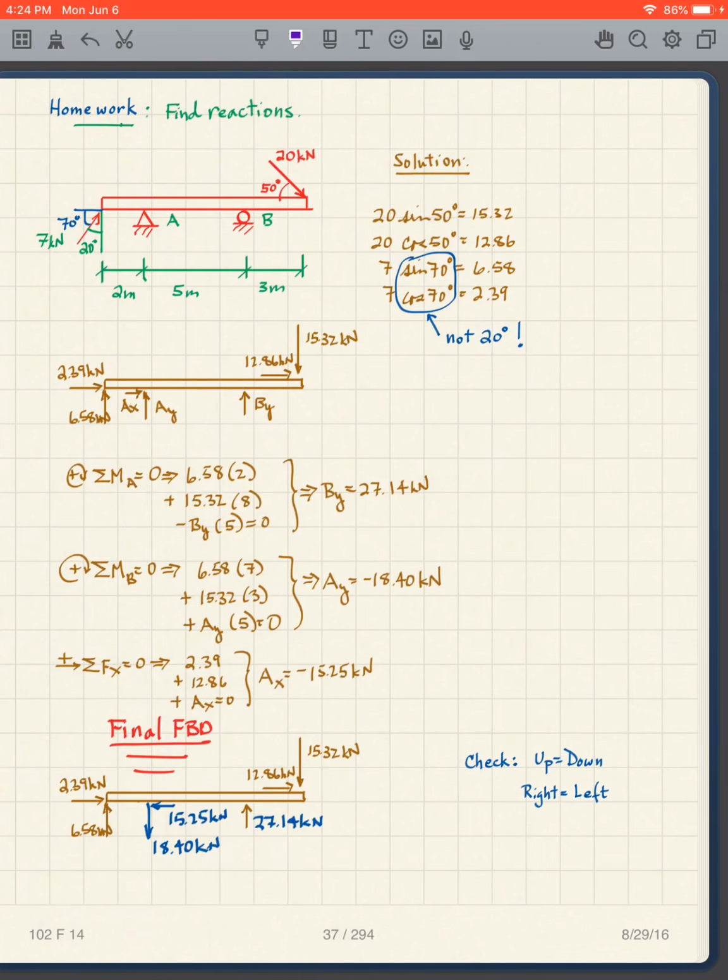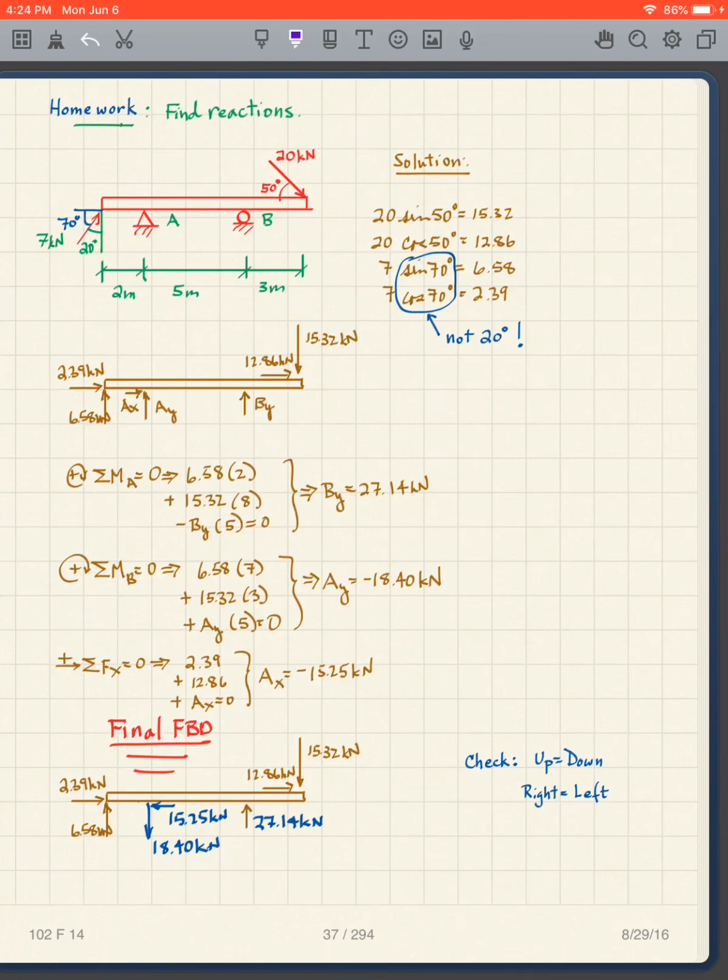Okay, so what do we do? Now, this, like I say, this should be automatic. So we first replace these forces here. Well, this force is downward to the right. So that means I know that I'm going to have a downward to the right force. And what are they going to be?